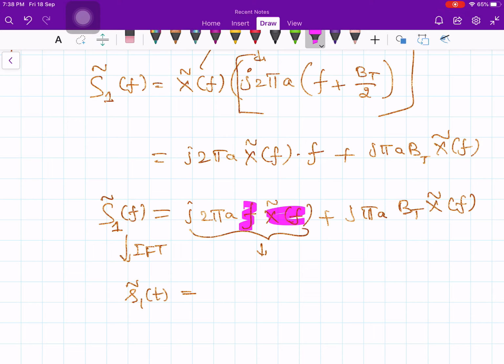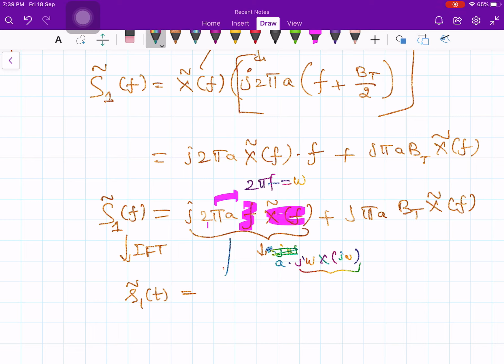This 2 pi f you can write as omega. So j omega, therefore the whole thing I can write as a times j omega times x of j omega. This is the differentiation property.